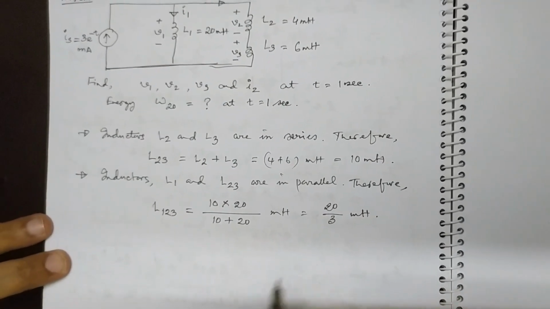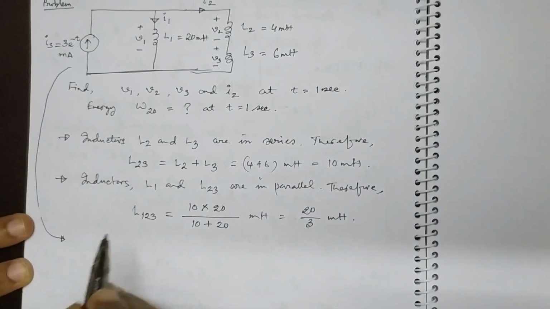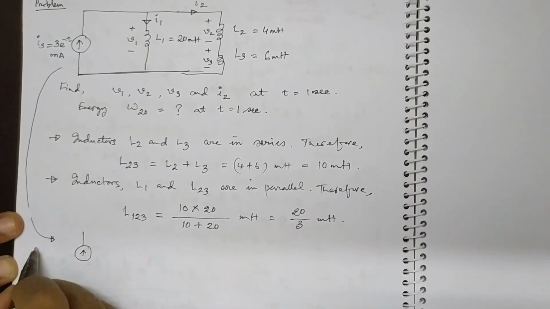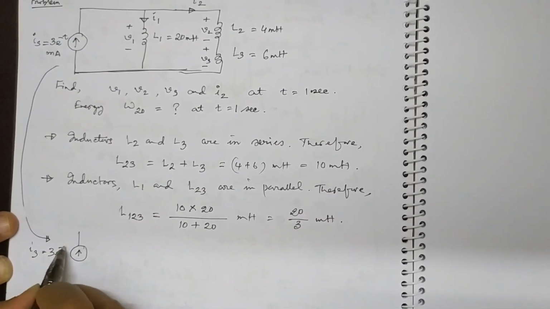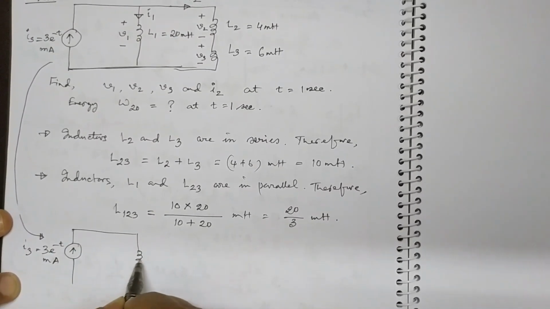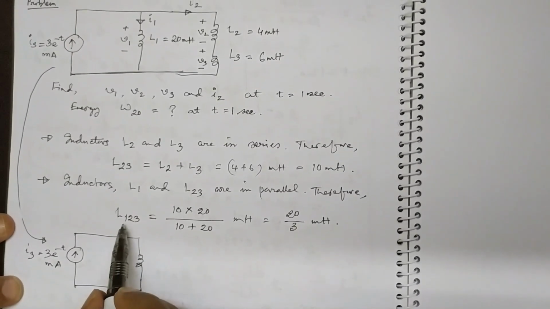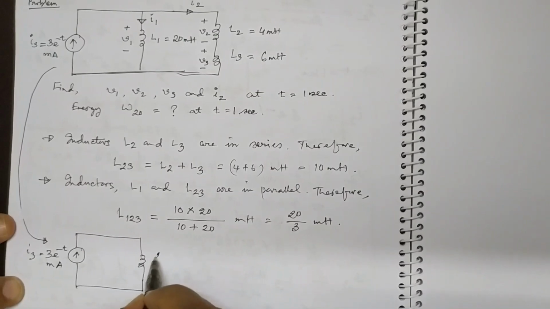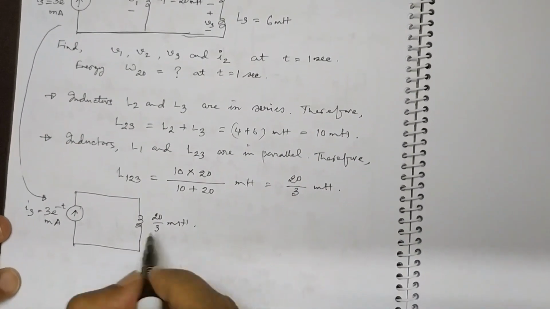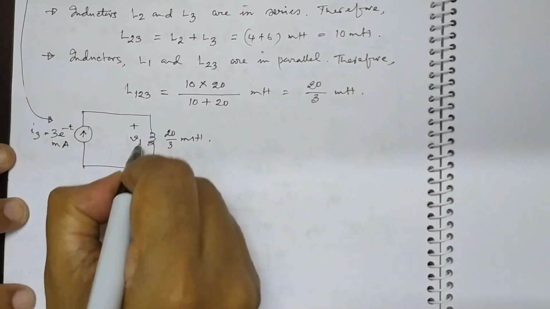Okay. Now we can reduce this circuit with the equivalent inductance, and that will give us a circuit which I am drawing now. The source remains as it is, and the inductances are replaced by L123, that is 20 by 3 millihenry. So this is the equivalent inductance, and this is V1.